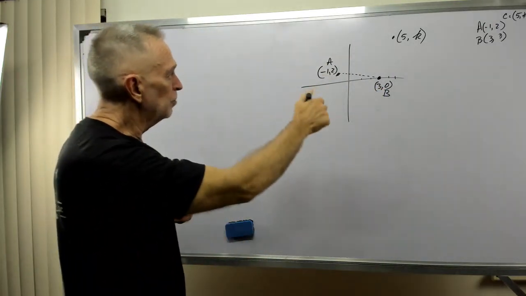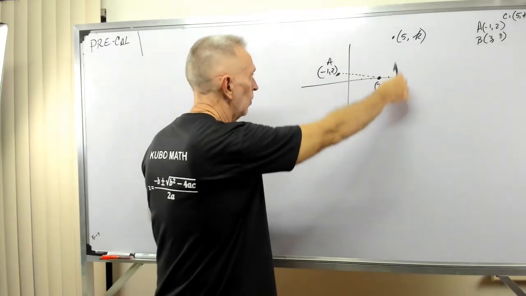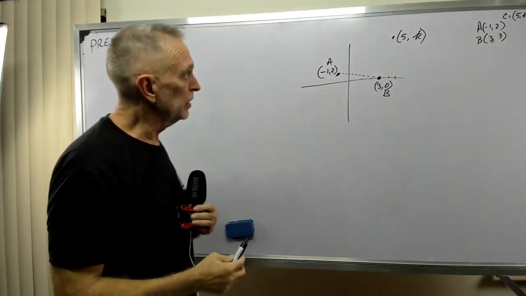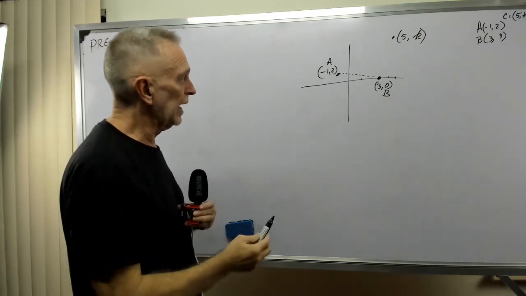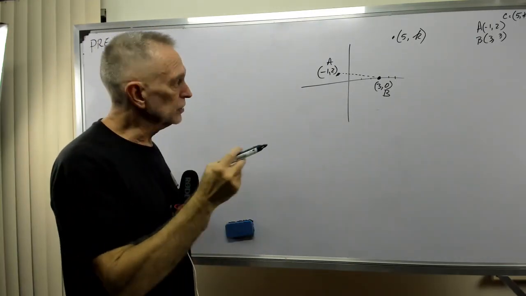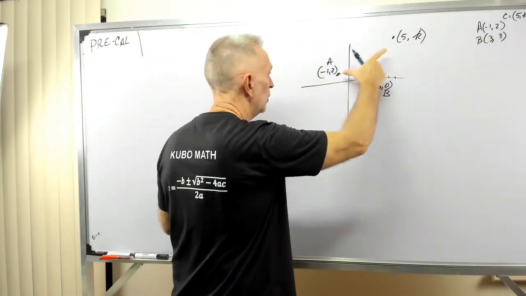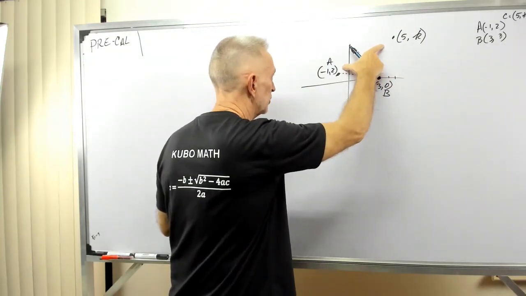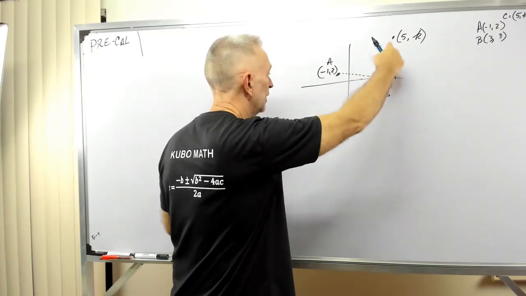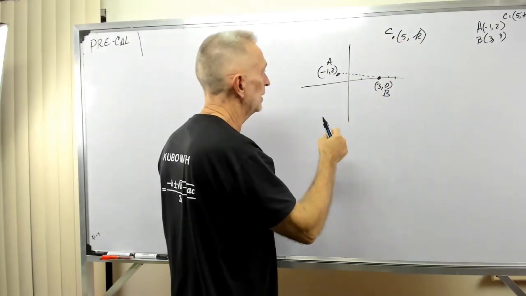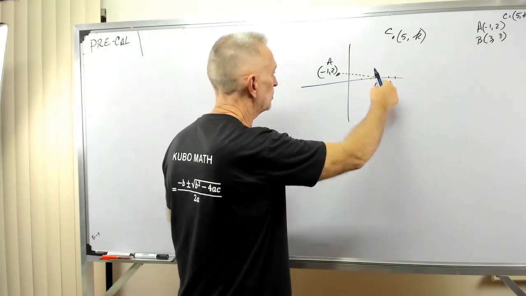And they have some point out here. Only thing we know about that point is it's x equals 5. We don't know the y value k, but they want us to figure out what the value of k would be such that this distance from A, we'll call this C out here, from A to C is the same as B to C.